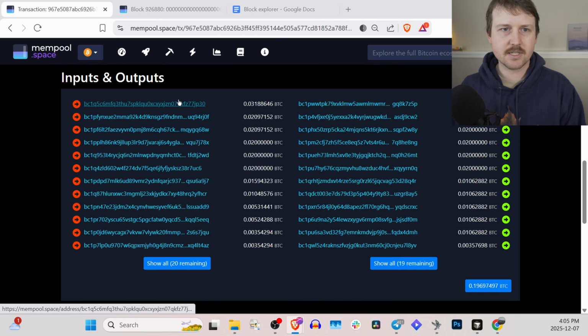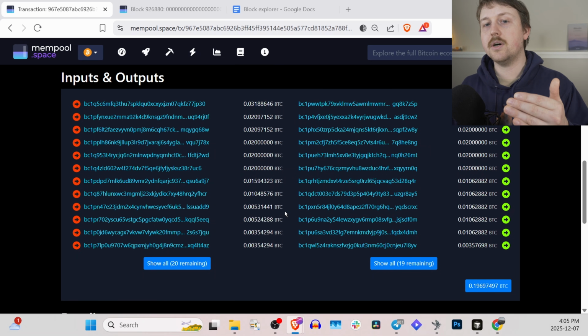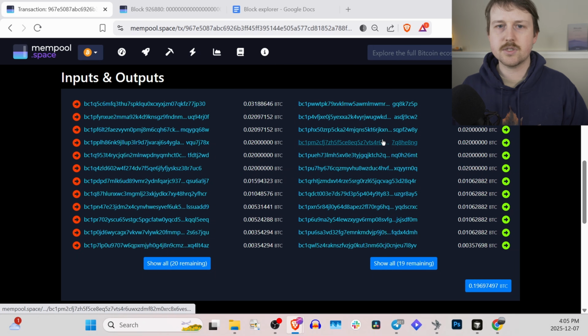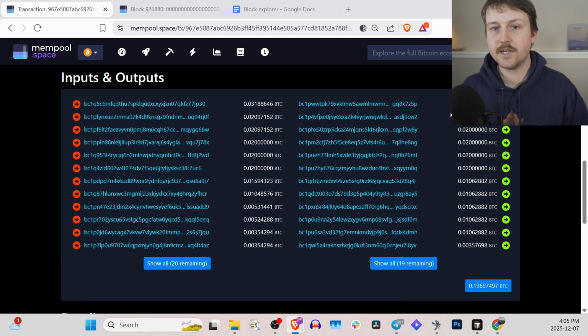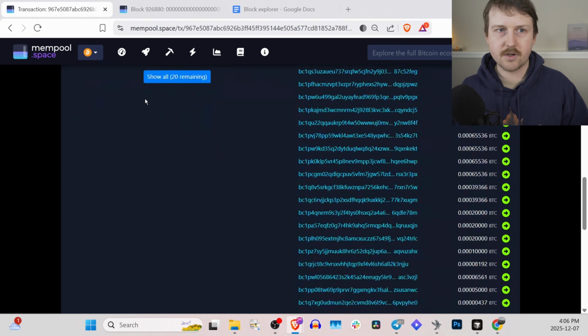And so basically you can have a variety here of inputs, but it'll all get chunked out to the same outputs on the other side. So this would be like a mini coin join within here of everybody receiving 0.02 Bitcoin back, no matter what they put into it. And likewise down here, we can see that happening with all these different amounts.